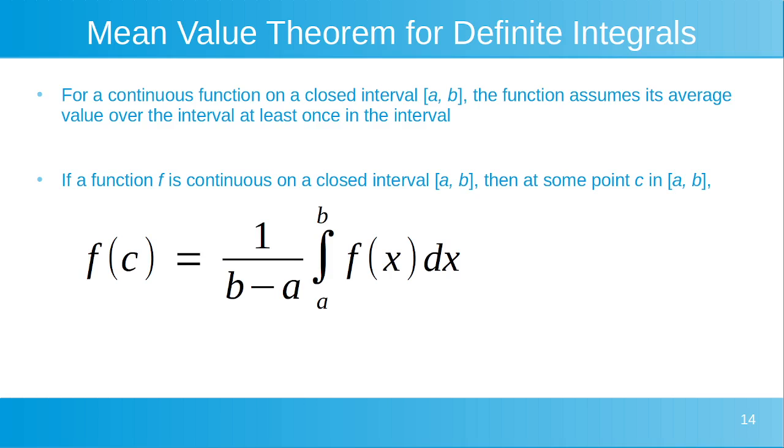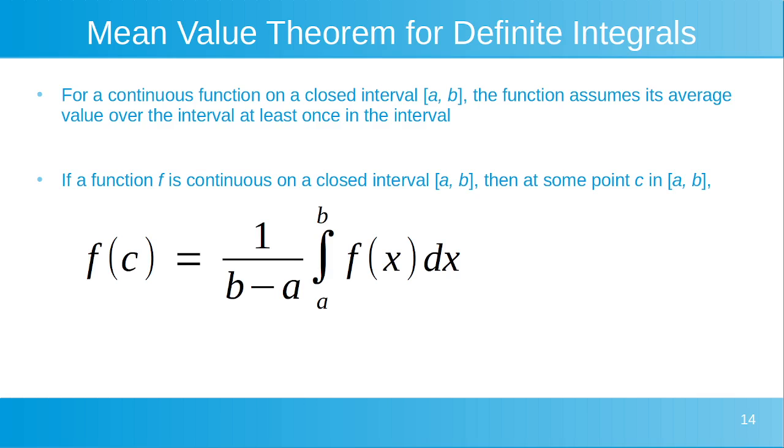So, having thought about the intermediate value property and having worked through our previous example, we can see that what the mean value theorem for definite integrals is saying does appear to be reasonable. It is saying that for a continuous function on a closed interval from a to b, the function assumes its average value over the interval at least once in the interval.